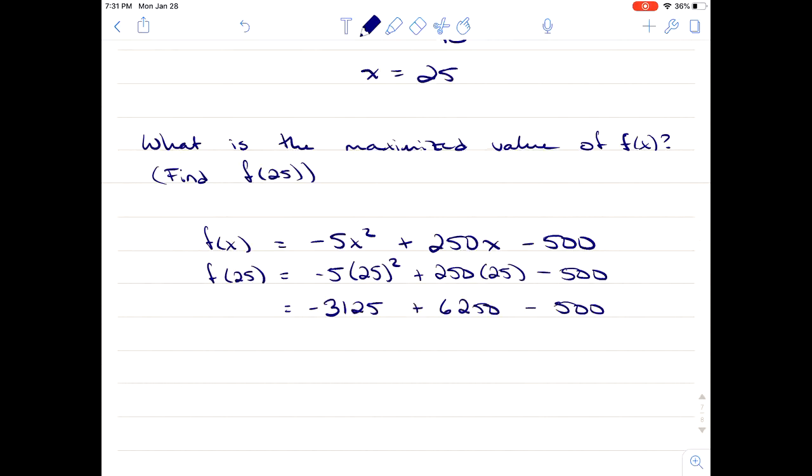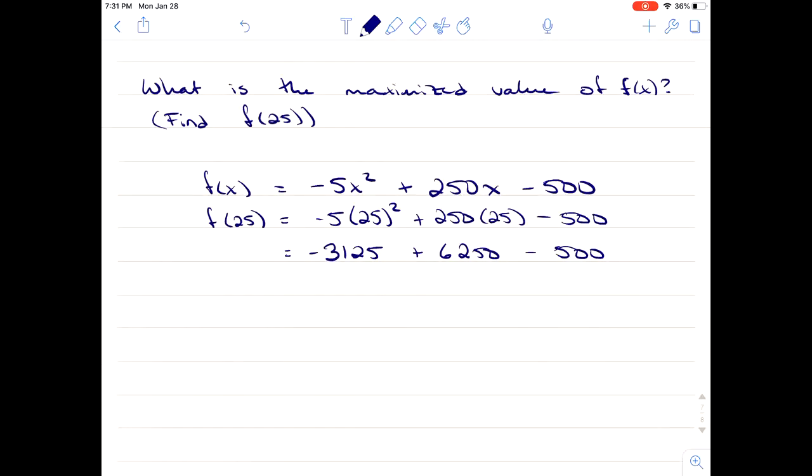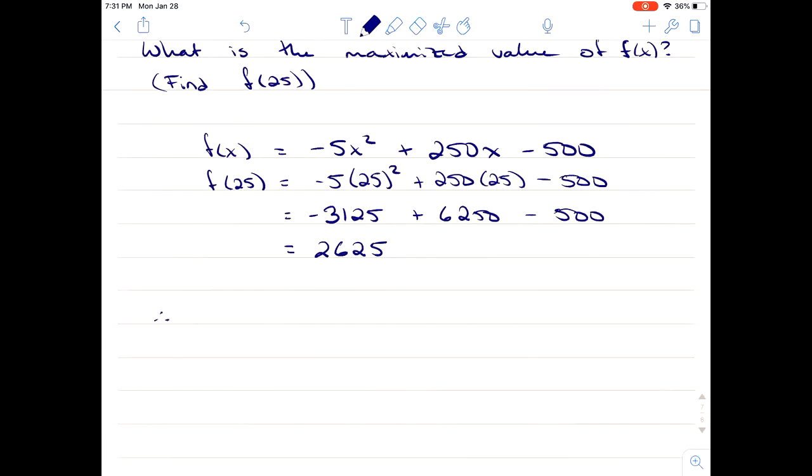So I'll do minus 500 minus 3,125. So it's maximized to 2,625. Okay. So therefore, f of x is maximized to 2,625 at x equal to 25.